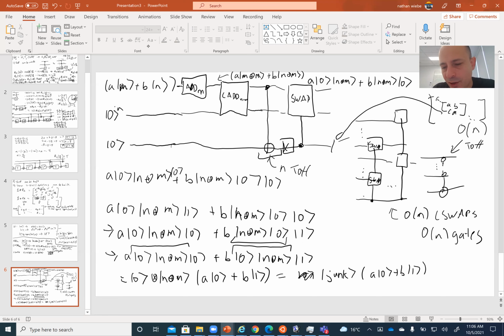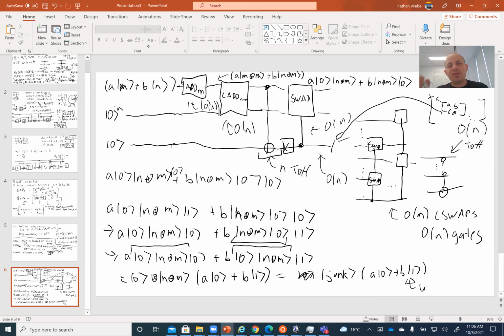So if we wanted to apply a unitary transformation to it, we could apply a U here. Now, looking at the total number of gate operations, we argued this is order n gates. This is order n gates. This is order n. So the total number of operations needed in order to carry this out is order n.